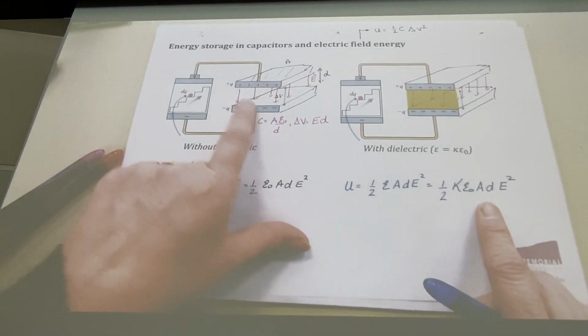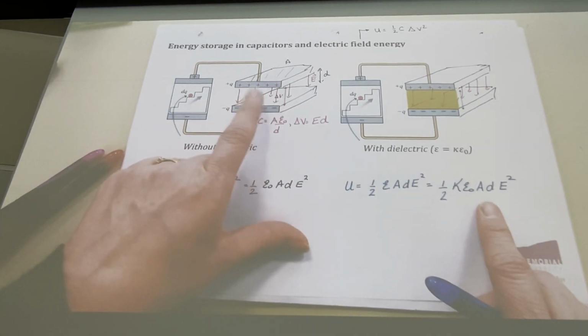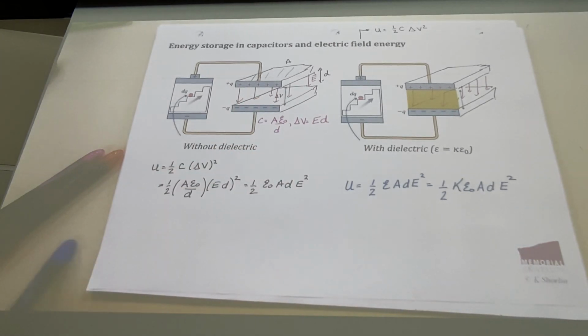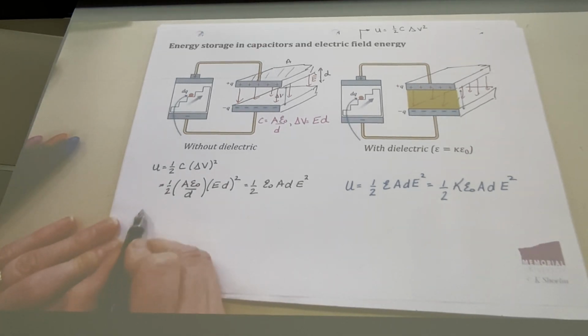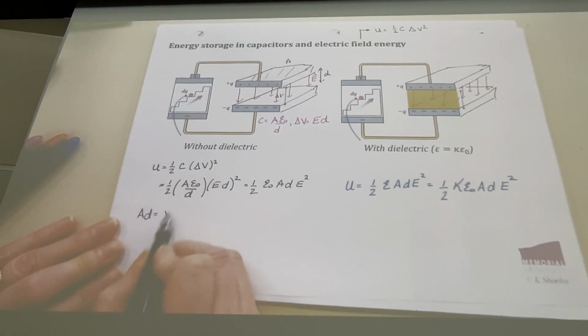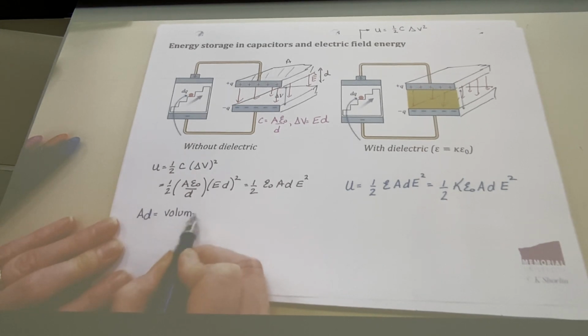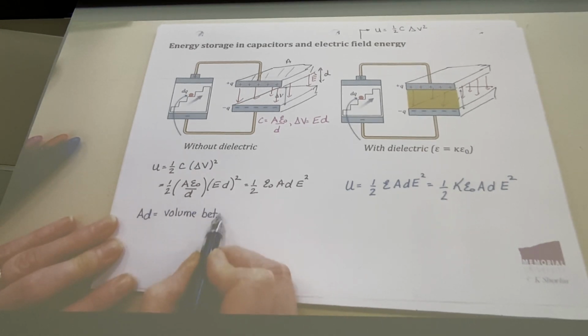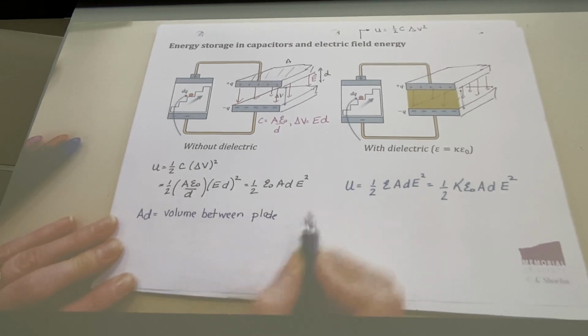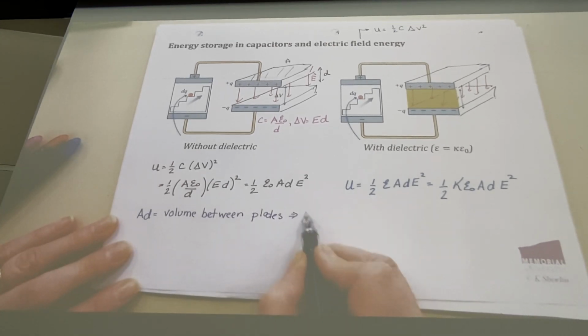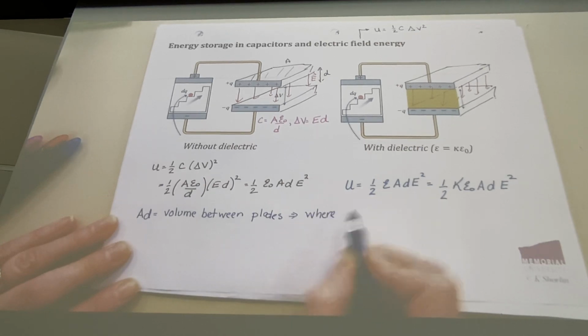The electric field is only between the plates, and that volume between the plates is A times D. So A times D equals volume between plates, and that's where the field is maintained.